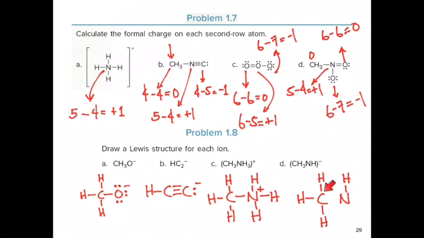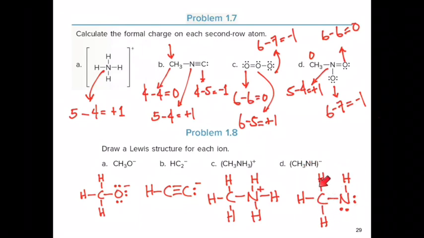Looking at this carbon, if we connect another bond between carbon and nitrogen, that will satisfy the octet rule. This nitrogen right here only has a total of 4 bonding electrons, so it lacks 4 more electrons, and we can just turn that into lone pairs. So now this nitrogen has 8 electrons, so 2, 4, 6, and 8, and then apply the formal charges.